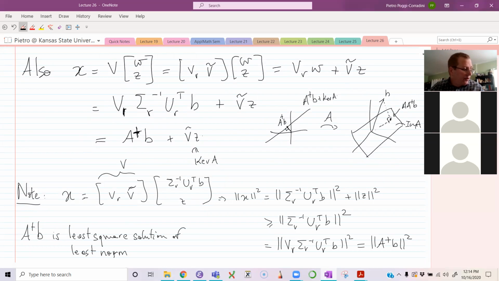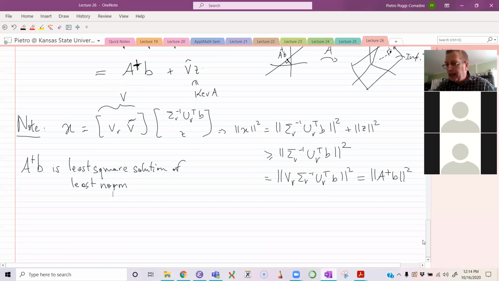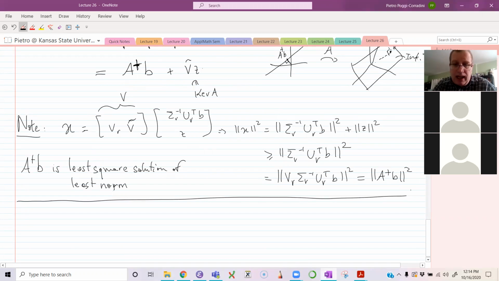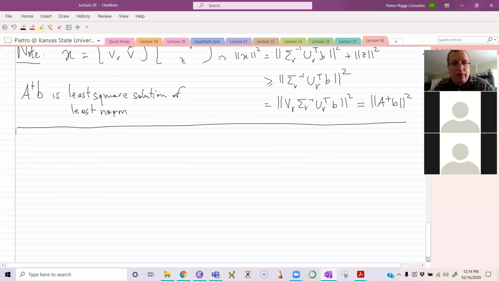All right, so before we move on, I wanted to do an example of the pseudo-inverse in action. Since we've talked about the Laplacian, why don't we talk about the pseudo-inverse of the Laplacian as an example in practice?